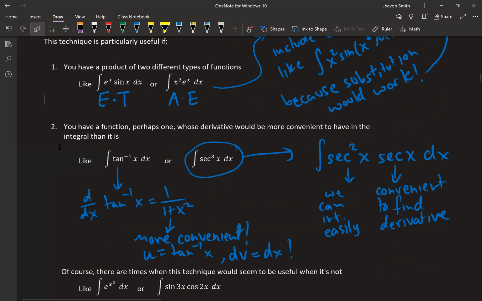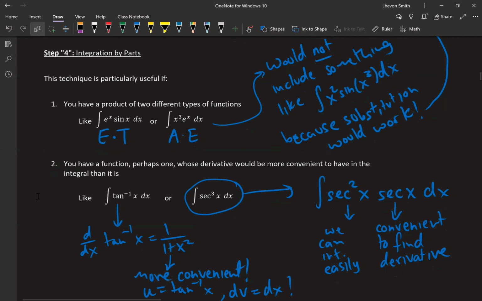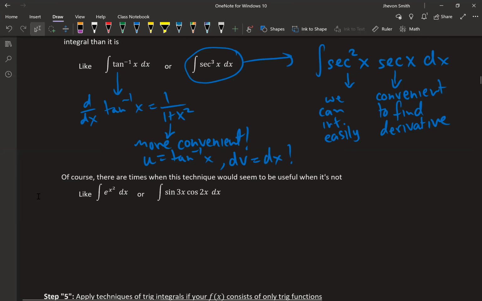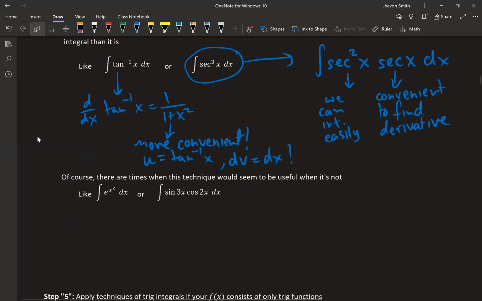So, right, these are situations in which an integration by parts might be something you want to do. Of course, there are times when the technique would seem to be useful, but it's not. Like these guys. I'll tell you right now. So you see something like e to the x squared. I'll tell you right now, this guy has no antiderivative.